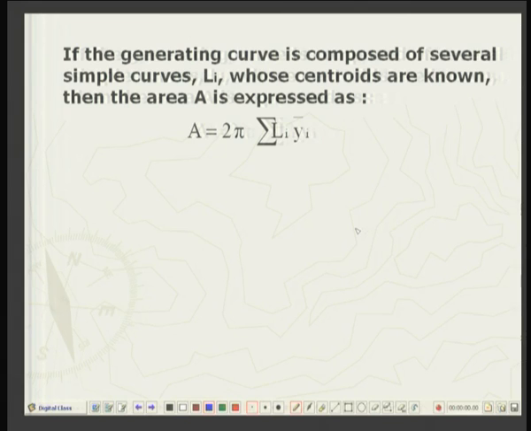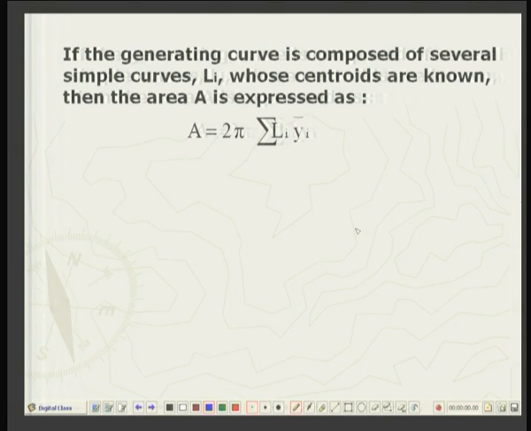Well, before I do that, let me mention that if your generating curve consists of several segments of different lengths or different orientations, then again the surface of revolution can be obtained.